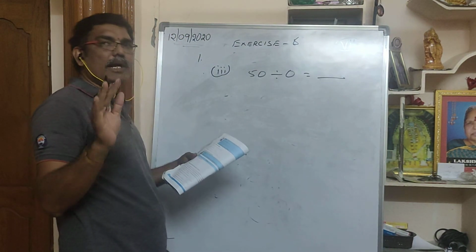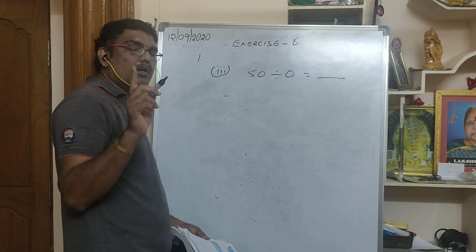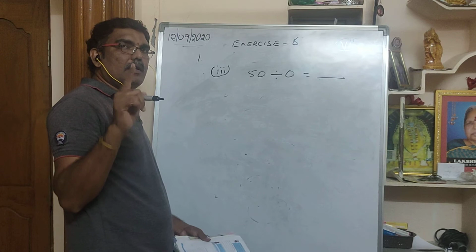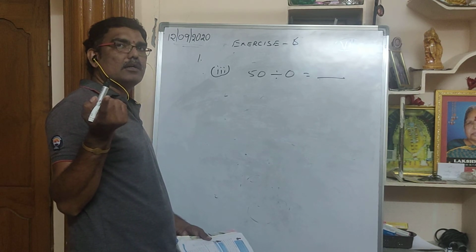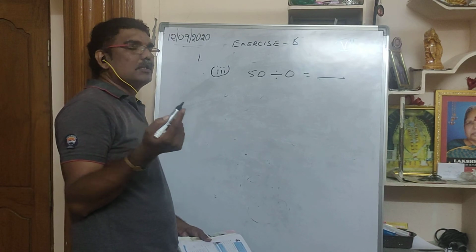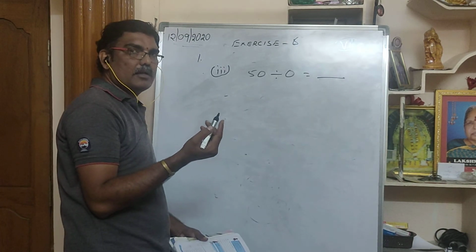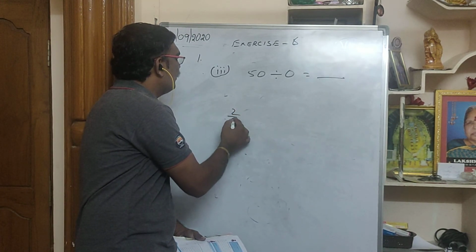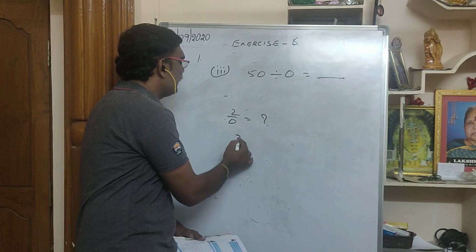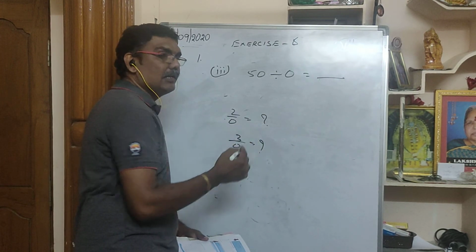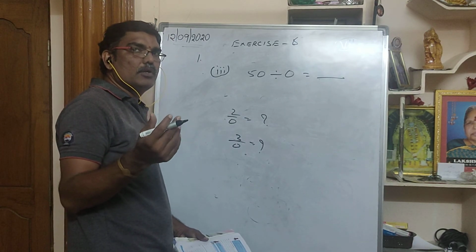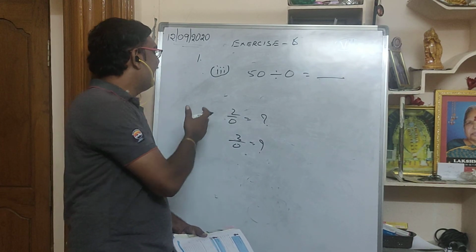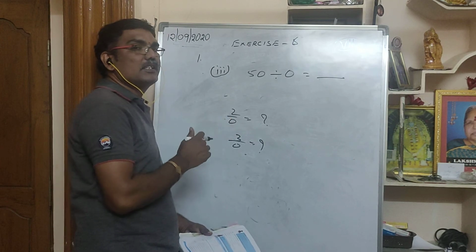Keep in mind, in any table book, do you see a 0 table anywhere? You can't. A 0 table won't be there. See, a 1 table will be there, but 2 by 0, we don't know its value. 3 by 0, we don't know its value. No one knows this value.